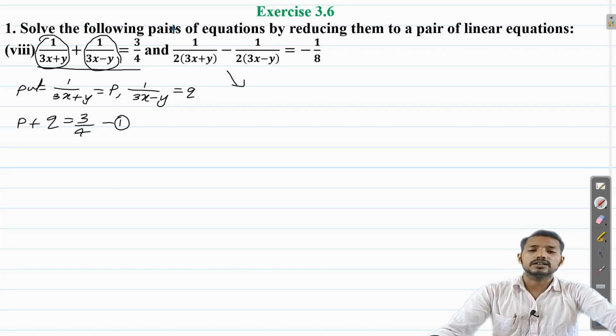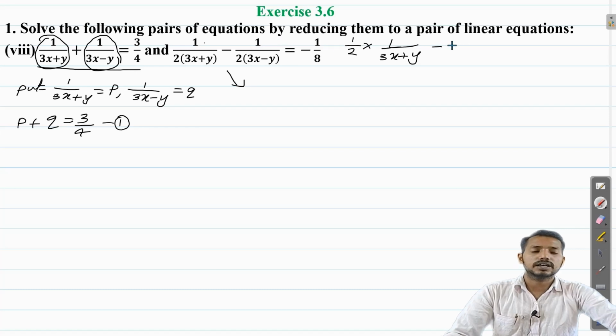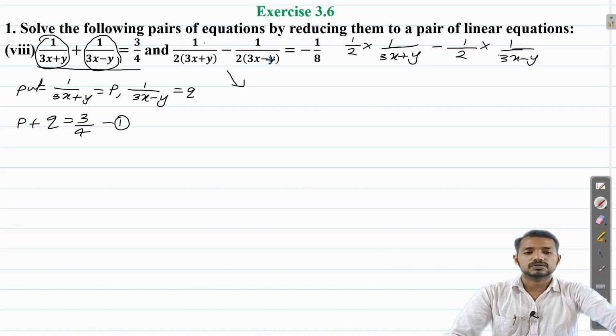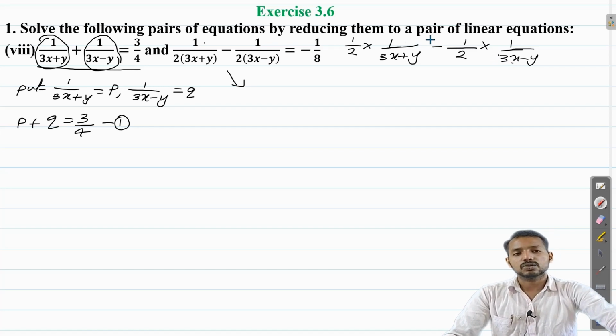Similarly, here we can simplify this term as 1 by 2 into 1 by 3x plus y. Similarly, minus, here 1 by 2 we can write as 1 by 2 into 1 by 3x minus y. We can simplify this term in this way. Expand it this way. So here you can see this is p.